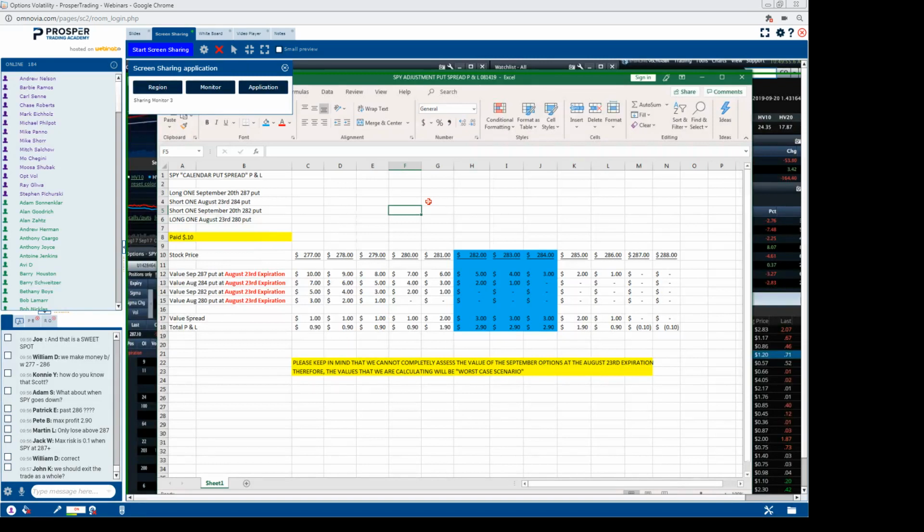Why would the value of the spread still be $1? Okay, and what is the net of all the combined puts, William?